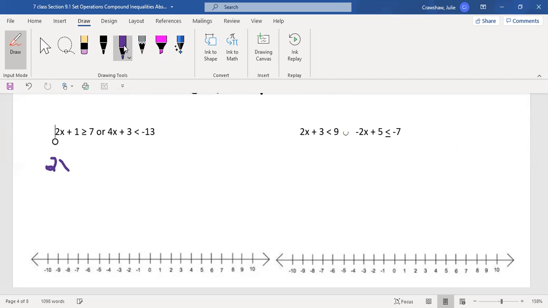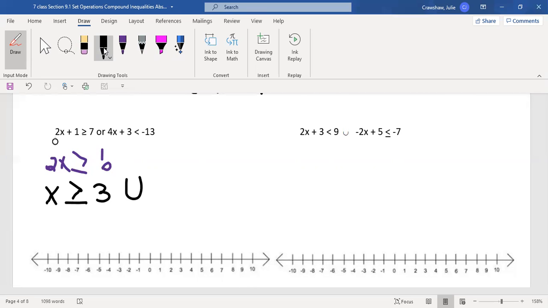That's going to give me 2x is greater than or equal to 6. Then I'm going to divide by 2, so that's going to give me x is greater than or equal to 3. And then I have the word or, union.